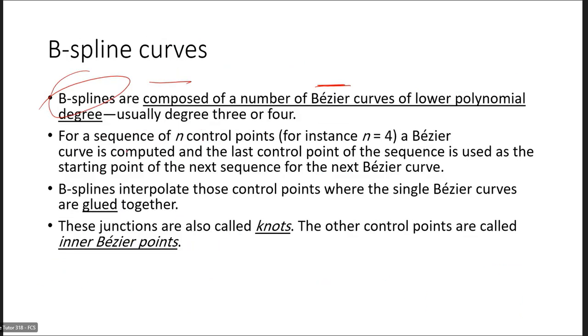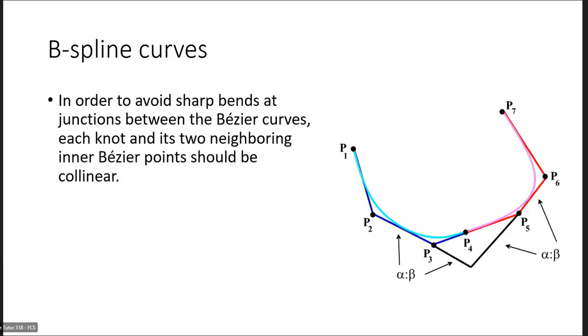For a sequence of n control points, for example n equals 4, a Bezier curve is computed, and the last control point of the sequence is used as the starting point of the next sequence. You see this example: you have 7 points. Instead of making just one curve, we can divide this into two curves. This is the first curve, and you can see that we are using a cubic Bezier curve.